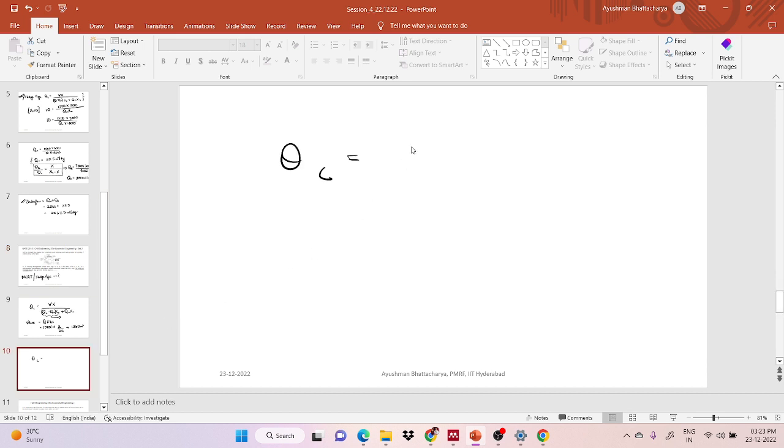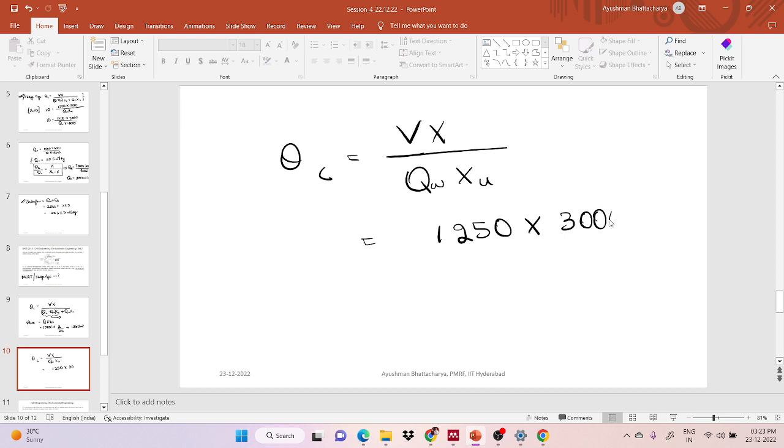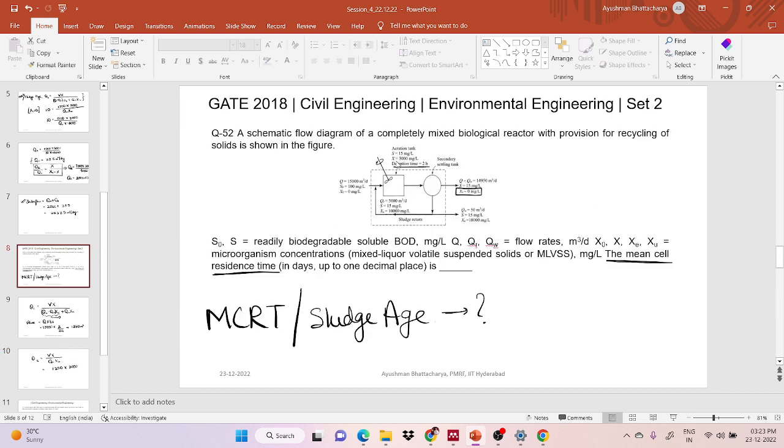So theta C will come out to be Vx divided by QWXU. So if you calculate, the volume we just calculated is 1250, then X is 3000, they have mentioned.